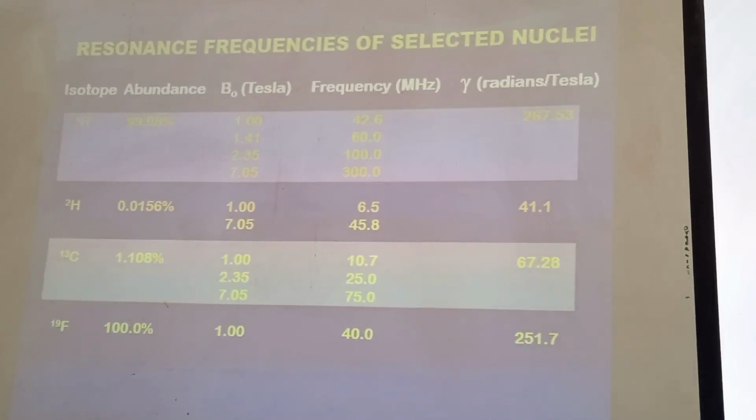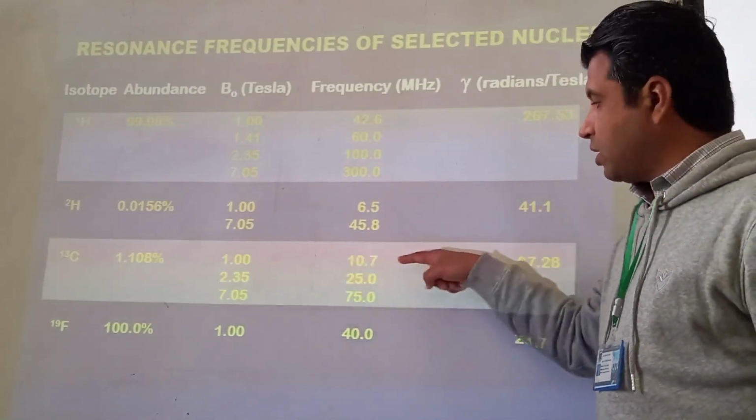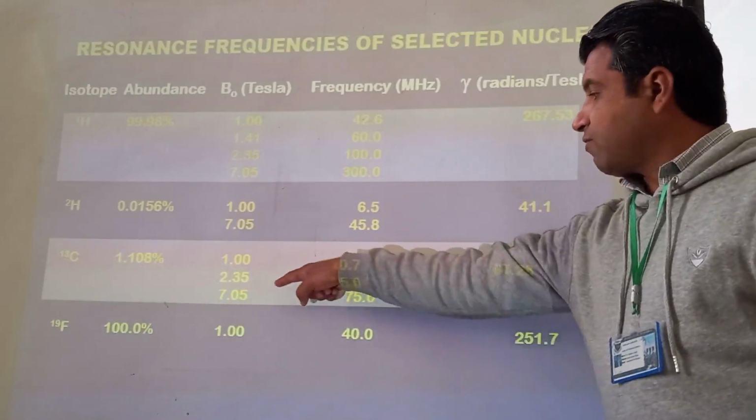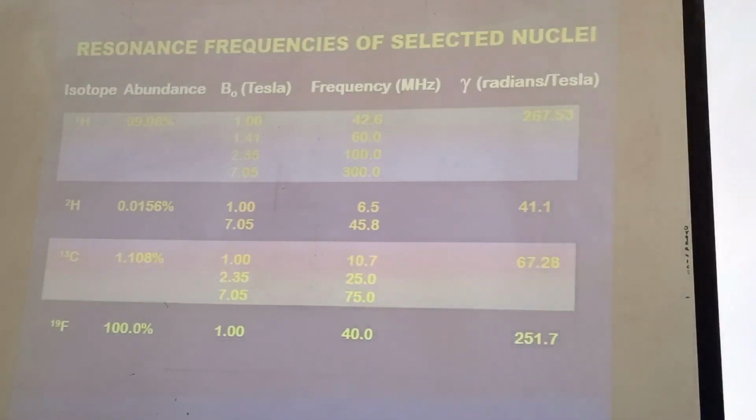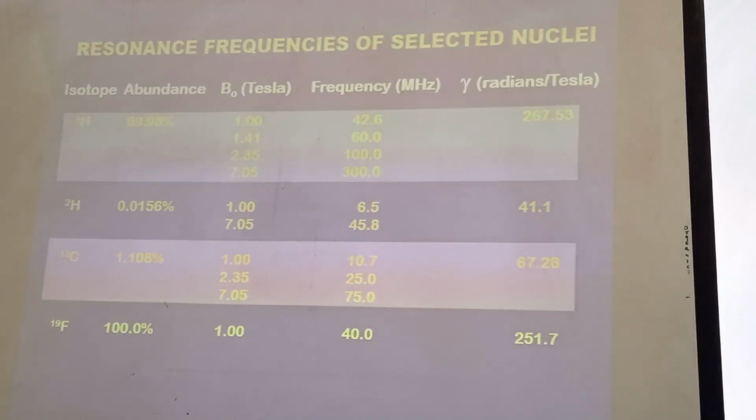That means the resonance frequency is 10.7 megahertz. If you have a magnetic field of 2.35 Tesla, then it is 25. If you have a magnetic field of 7.05, then it is 75. Again, the gyromagnetic ratio remains the same under all conditions.